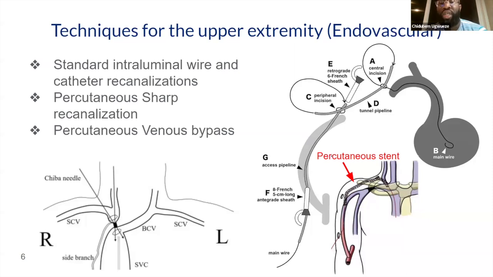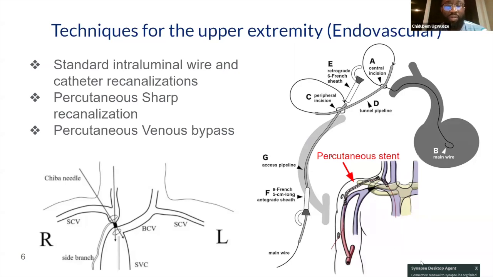In most cases, that's successful. In other cases, when that's not happening, that's usually when the stenosis is very chronic, and sometimes it's calcified or completely occluded. Then you have to do a sharp recan. A sharp recan is basically using a needle to cross a short segment stenosis.